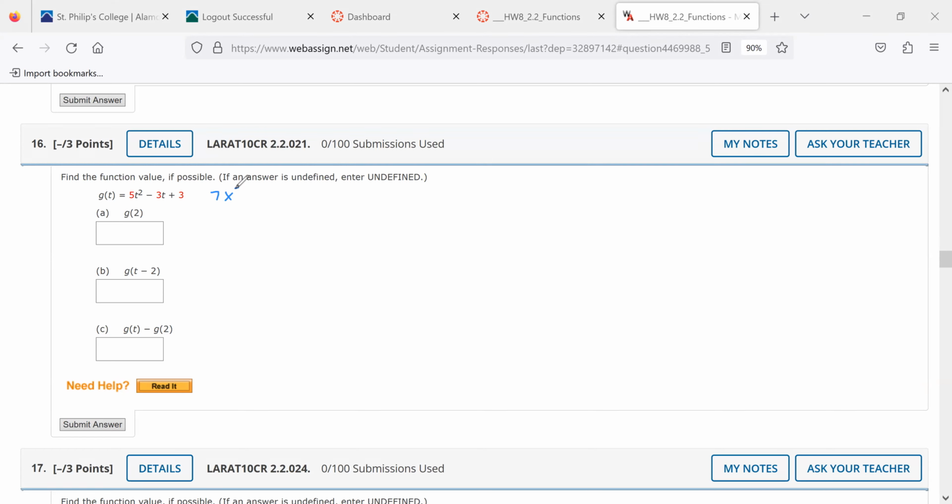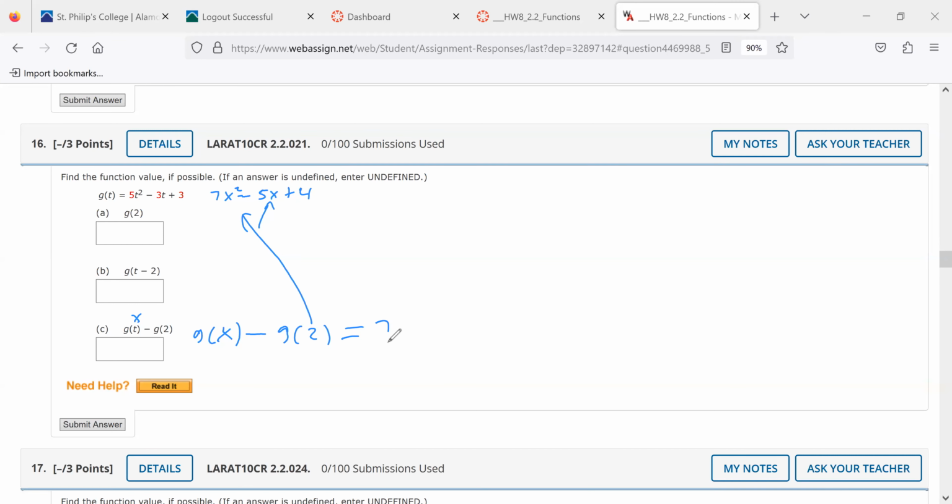Is that cool? Oh, here's just 4. Like that, right? Okay. So g of t means just the original function. So let's pretend this is an x. Minus g of 2, that means plug in the 2, right?